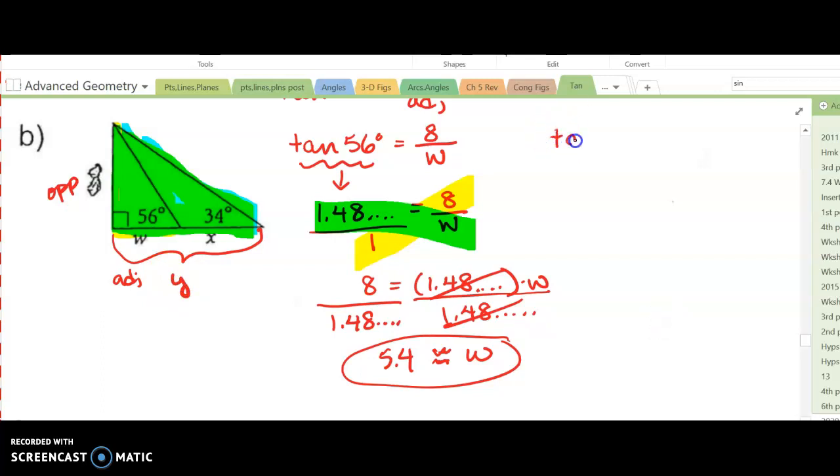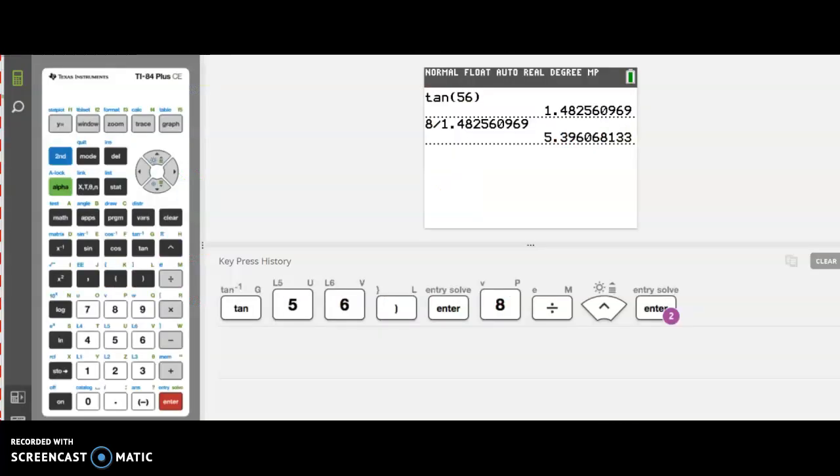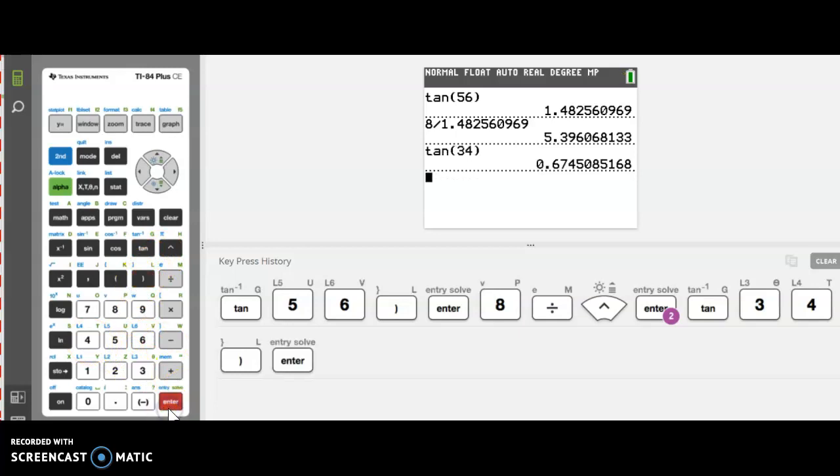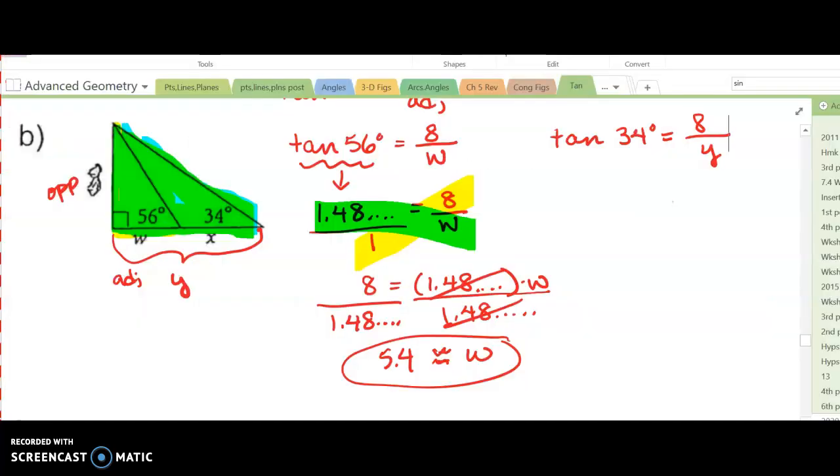So in which case I've got tangent 34 degrees equals opposite, which would be 8 over adjacent, which we made up Y. Okay, so in my calculator, tan 34 comes out to approximately 0.67 equals 8 over Y, and cross multiply.